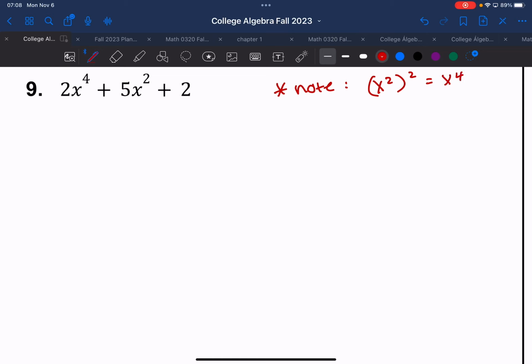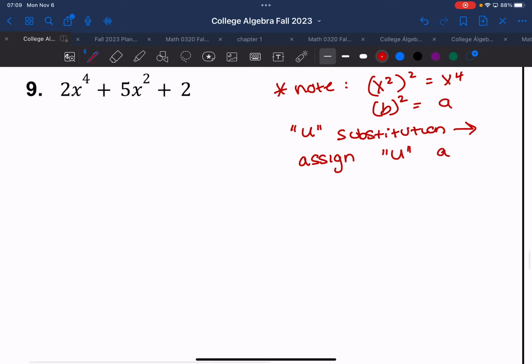So if we see our b value and we're able to square that and it gives us our a value, we will be using u substitution. And what u substitution is, we are going to assign u a value.